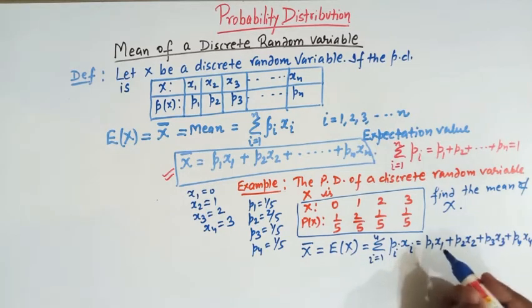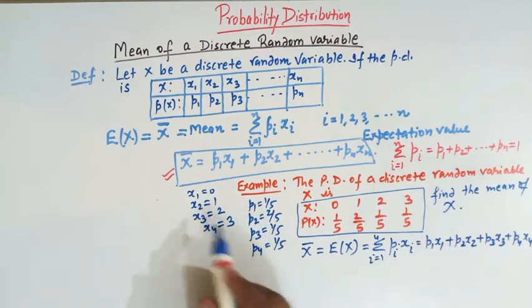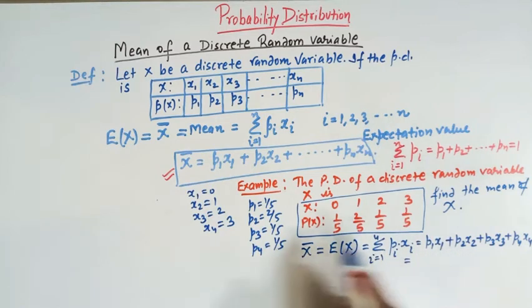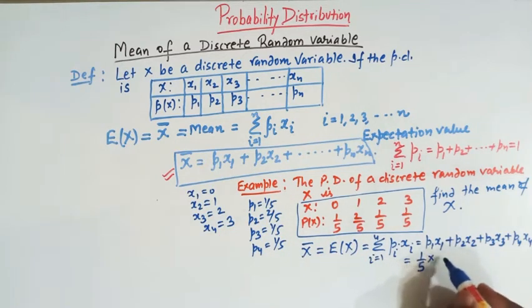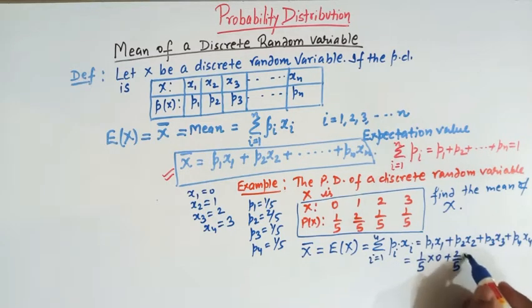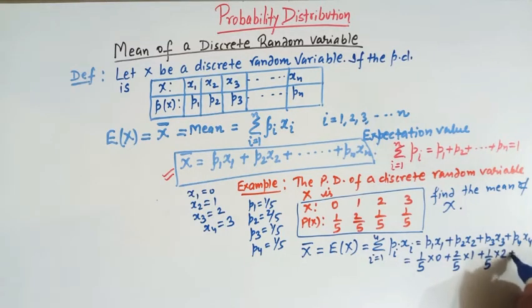Now substituting the values, we have 1 by 5 times 0, then 2 by 5 times 1, then 1 by 5 times 2, and then 1 by 5 times 3.